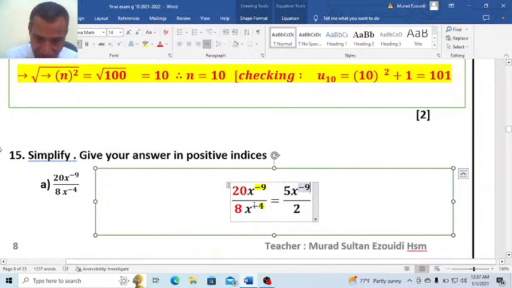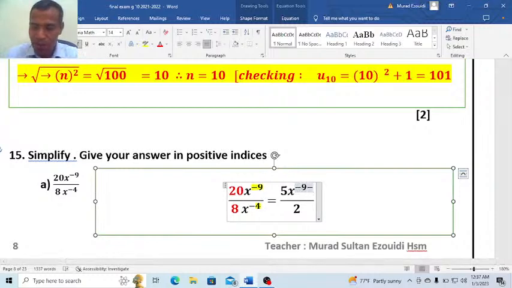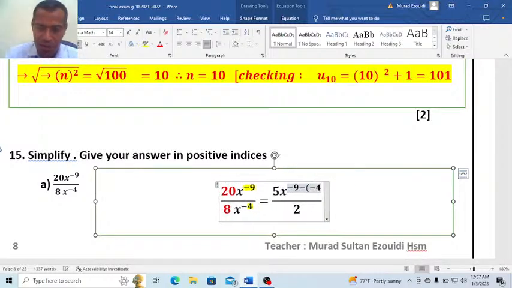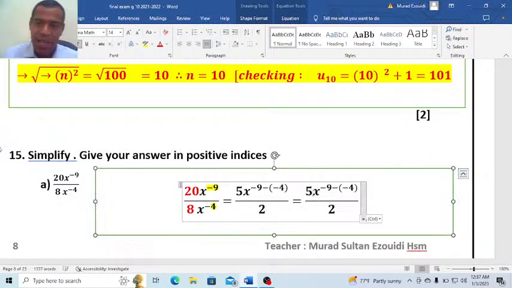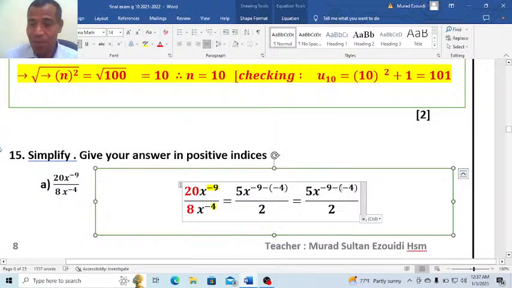When you divide the same bases, we subtract the indices, because it's a division. It will be minus, in parentheses, minus 4. So this is equal to 5 times x to the power negative 9 minus minus 4, and minus minus is positive 4.